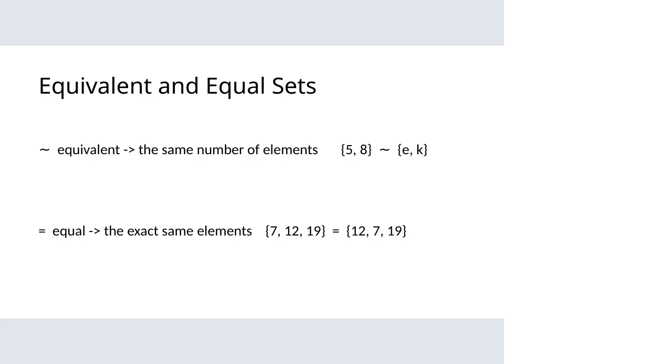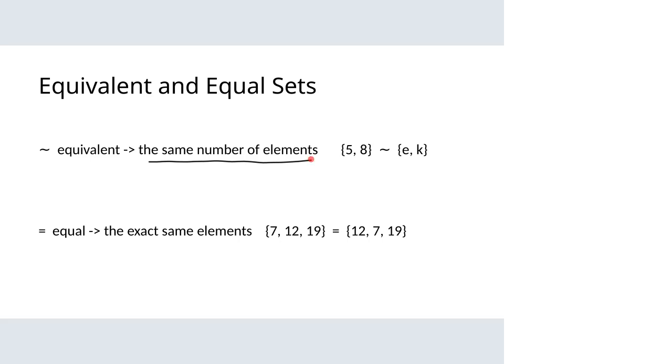Equivalent sets and equal sets. The definition. This is our symbol for equivalent. It's a tilde. On your keyboard, it should be up by the number 1, in the key to the left of the number 1. That's equivalent. And when 2 sets are equivalent, they have the same number of elements.